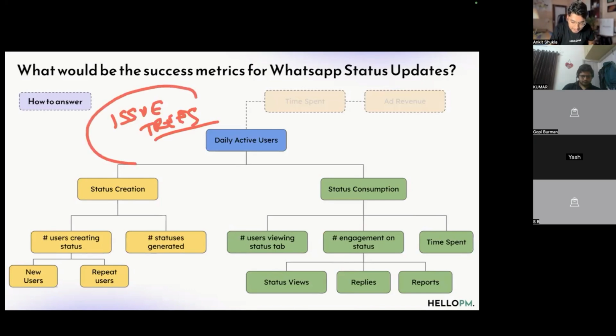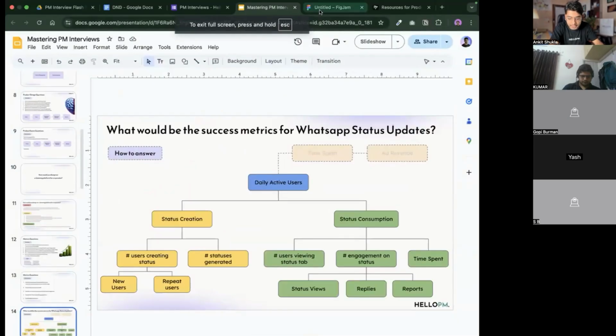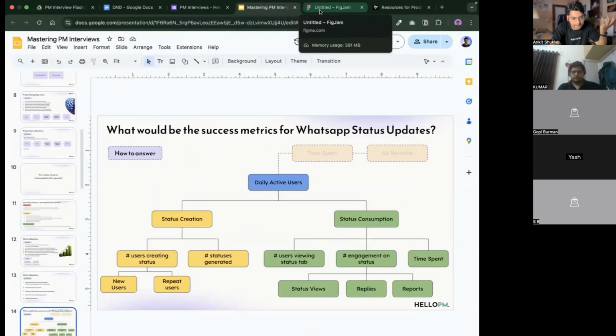I will share a fantastic guide with you that will help you understand how to create these kinds of issue trees. Right now I have already done the hard work and you are looking at this. It might seem either very simple or very difficult to you, but you have to understand how to do this.